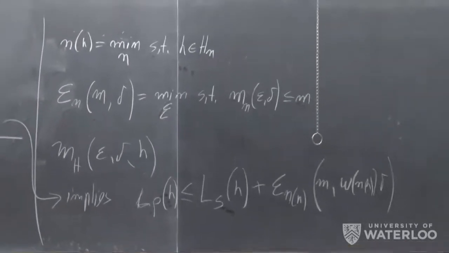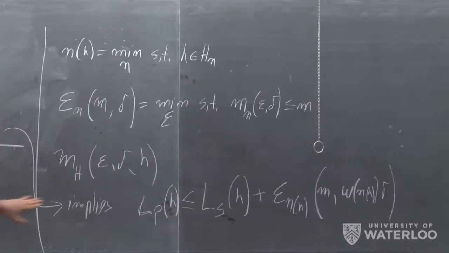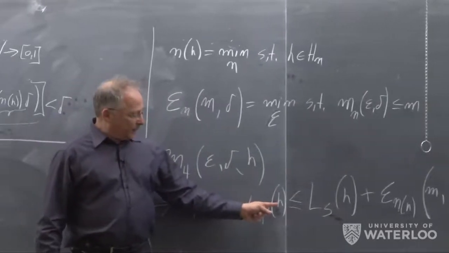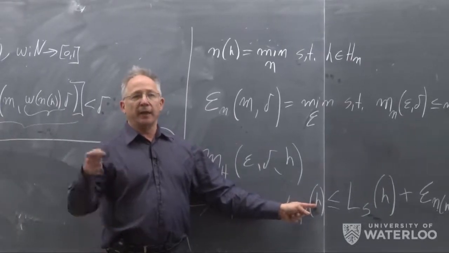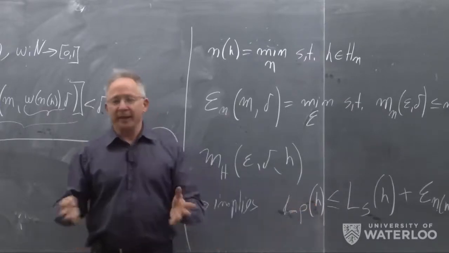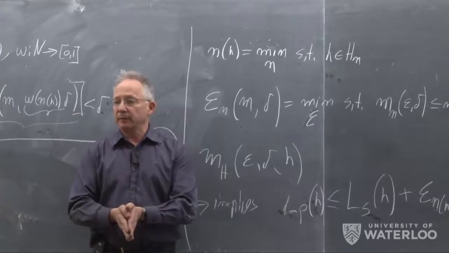Why do we want to upper bound it rather than lower bound it? What is the motivation behind upper bounding this? I want to output some h, and I want to make sure that this h has a small error, right? I want to output an h with a guarantee that has small error.